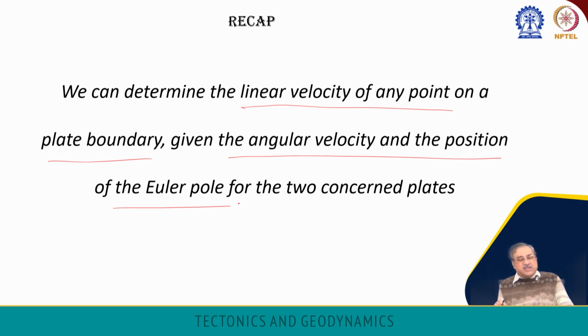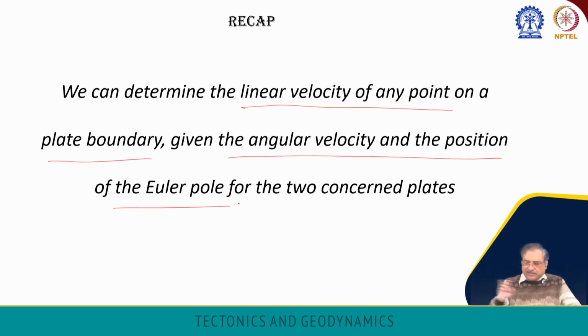That is what we saw in the last class. We saw that it's possible, once we're given these values, to characterize exactly the magnitude of the velocity as well as the direction in which it is operating at any point on a plate boundary.